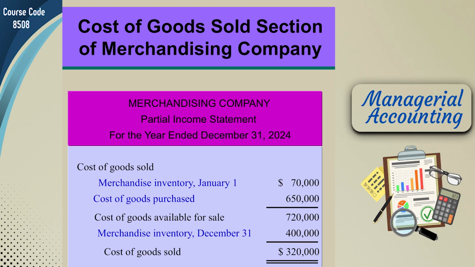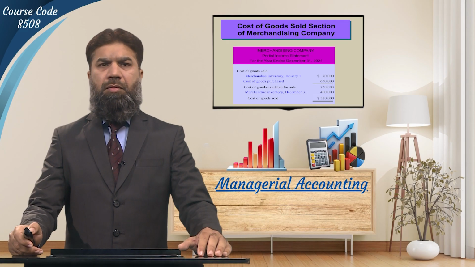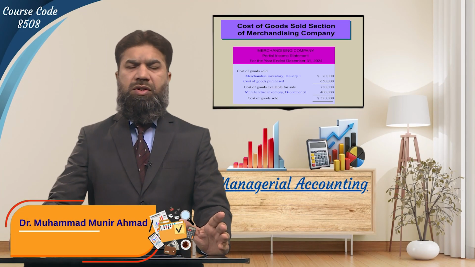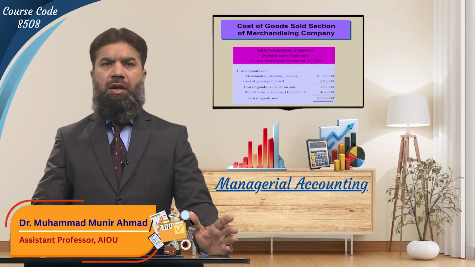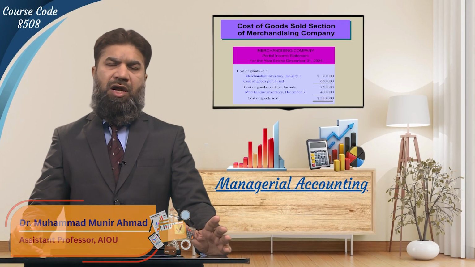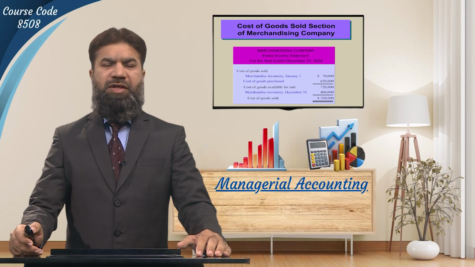After that, we will deduct merchandise inventory at the end of the period, that is $4,00,000, and we will get cost of goods sold, that is $3,20,000. So in this way, we prepare the cost of goods sold section for the merchandising company. It's very simple, because only purchasing goods in bulk and selling in small quantities are involved in merchandising companies.